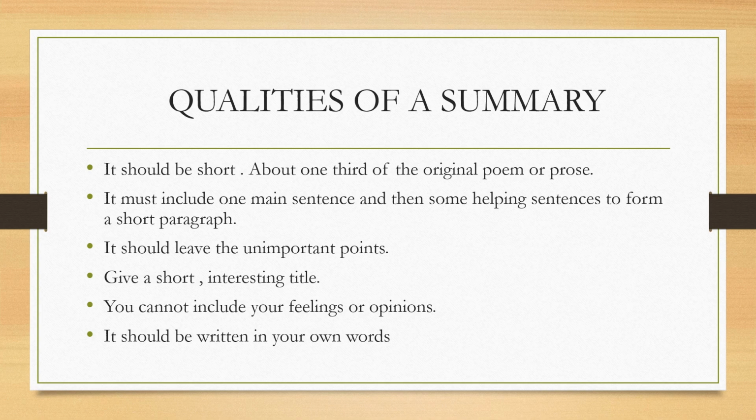Now, when you have to make something shorter, you can combine sentences. You may have in the original text 2 to 3 sentences which tell you about the different qualities of that thing. Now, when you are writing a summary, you can combine them using a conjunction.